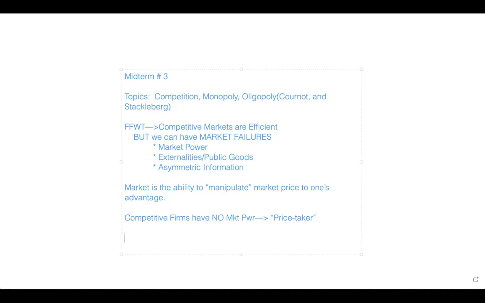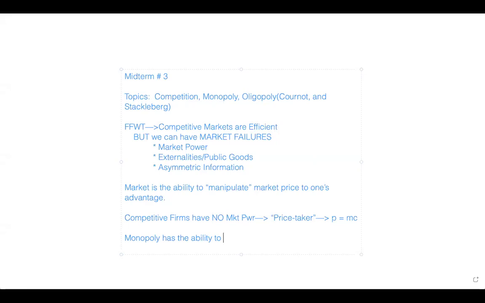But firms with market power, for example, a monopoly, has the ability to, and one of the things that might be helpful as a reminder, and this is one of the things that we talked about last time, is that when a competitive firm maximizes its profits, it ends up charging a price that's equal to its marginal cost.